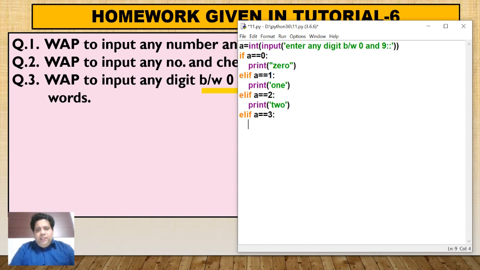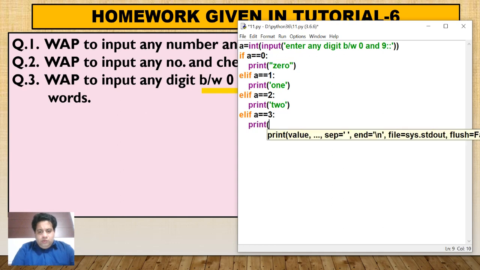And follow proper indentation. If elif should be in the same line and the statement written within if elif should be indented to the right. Print 3.